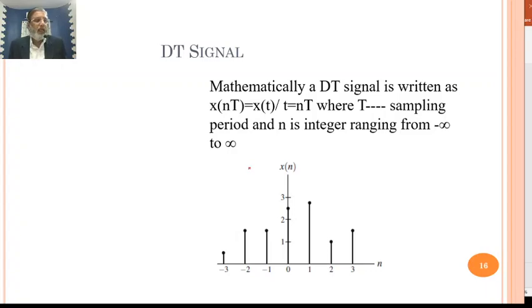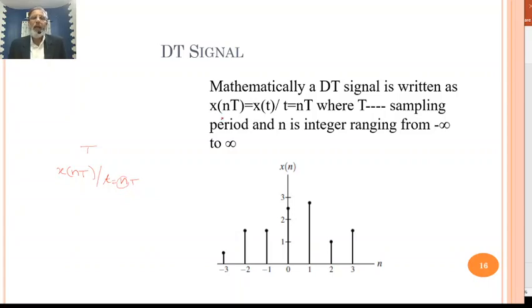Now, the discrete time signal is obtained from the continuous time signal by sampling at a uniform time interval, denoted by T. Means the signal is written as x of nT, where t equals nT, n is the independent variable and T is the uniform time interval.